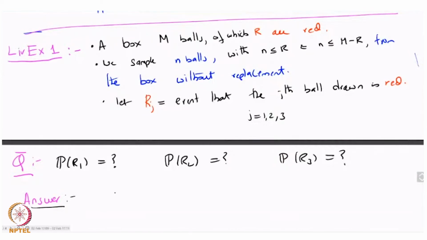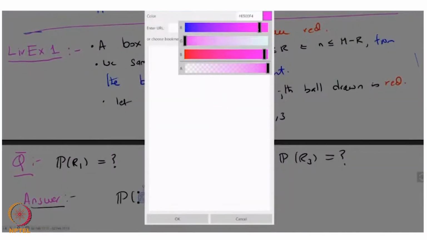And I have a total of m balls in the bag. So the probability of R1 will just be the total number of red balls divided by the total number of balls in the bag. So it's just R by M. It's R divided by M, red, so it's color red.